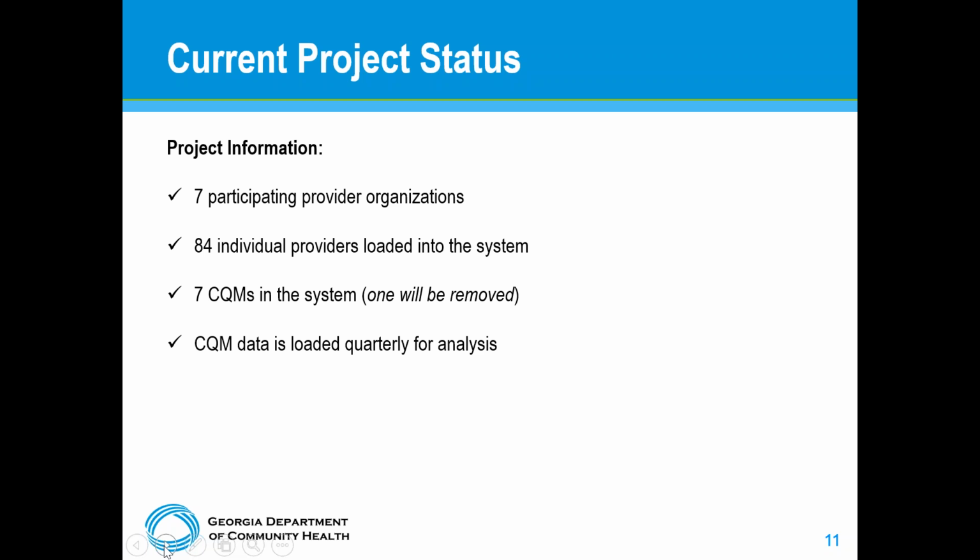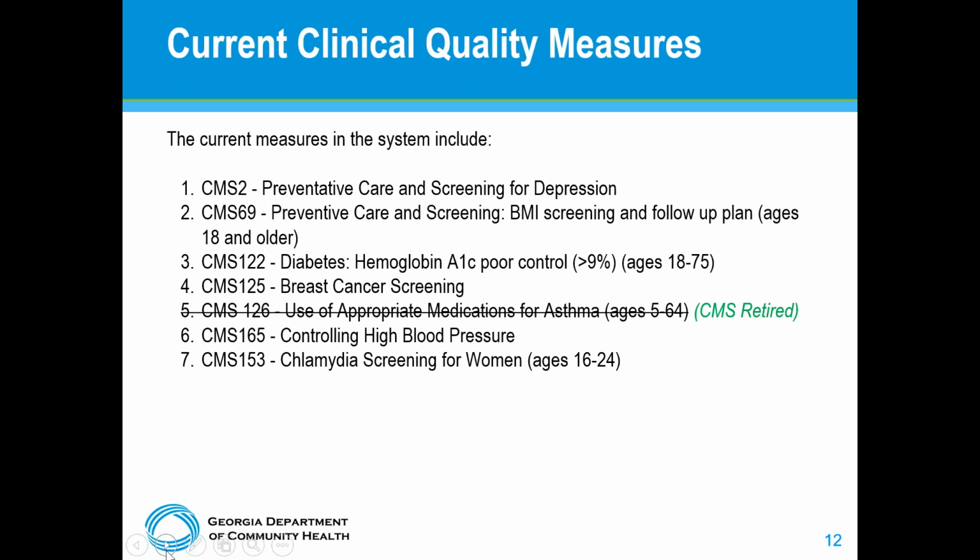Let me go over specifically what clinical CQMs we have in the system right now. What we have in the system right now that we're collecting data on, next slide, is CMS-2, preventive care and screening for depression, CMS-69, preventive care and screening from a BMI perspective, CMS-122, diabetes, CMS-125, breast cancer screening, and we are removing, because CMS retired it, CMS-126.